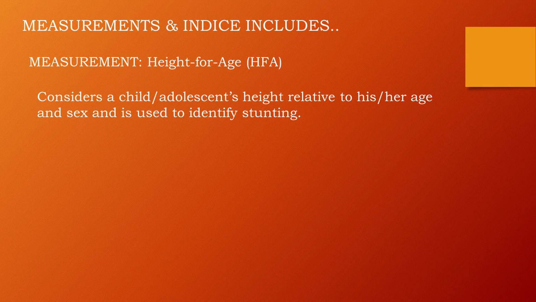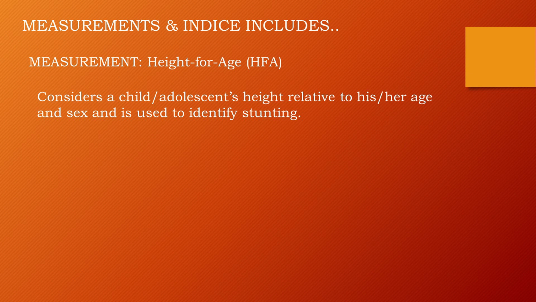Now, what does height for age mean? It considers the child or adolescent's height relative to his or her age as well as sex. This is very important: any index which you use as a measurement, you have to see how you compare it.